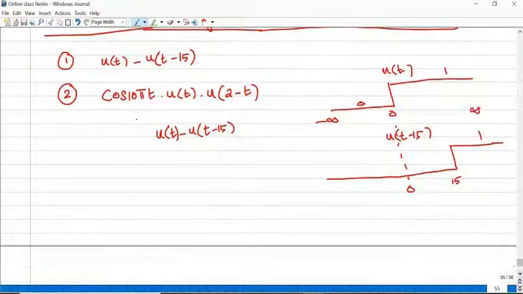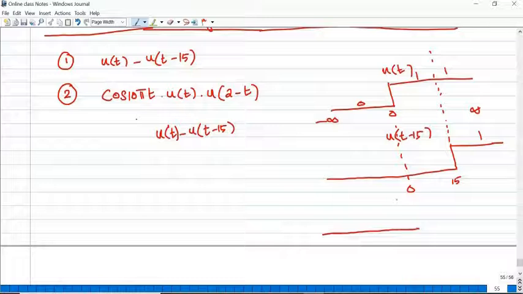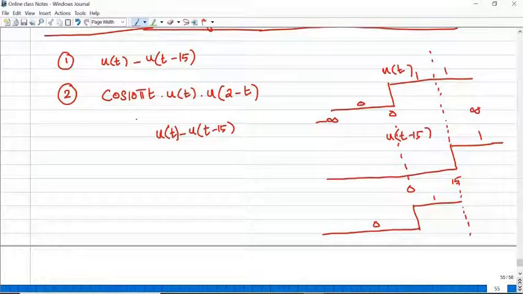Now subtract: u of t minus u of t minus 15. Up to 15, it is 1 minus 0, which is 1. Then after t equal to 15, u of t is 1 and u of t minus 15 is also 1, so 1 minus 1 is 0.